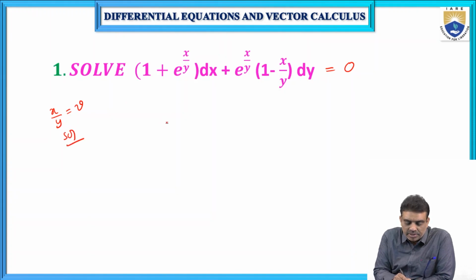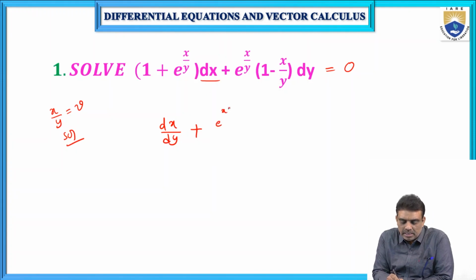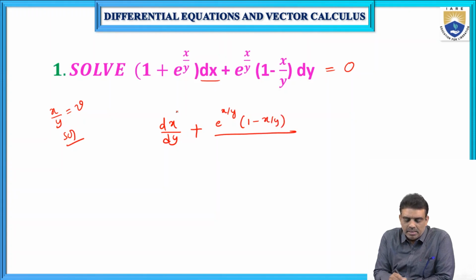Now I can write this equation as dx by dy plus e power x by y into (1 minus x by y) by (1 plus e power x by y) is equal to 0, writing dy in the denominator.